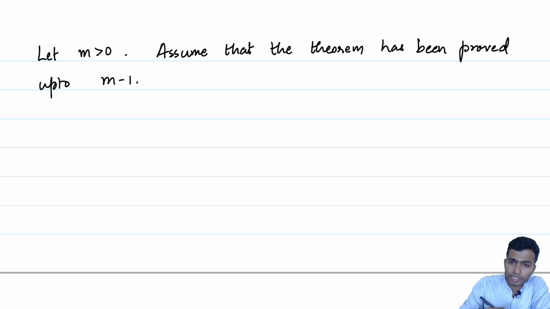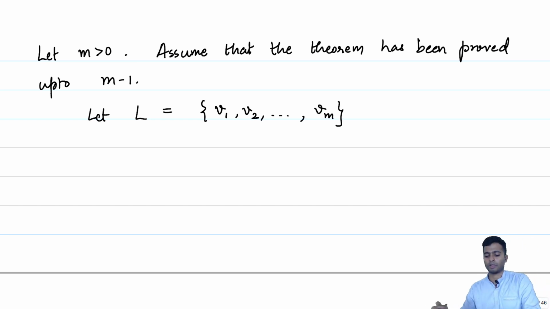So, let us list down the elements of L. Let L be equal to V1, V2 up to Vm. L is a linearly independent set.